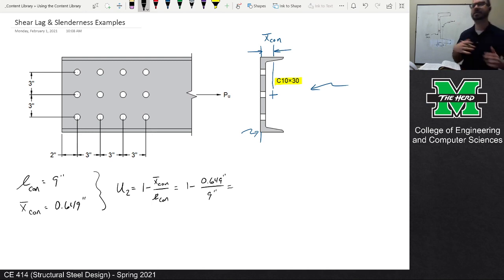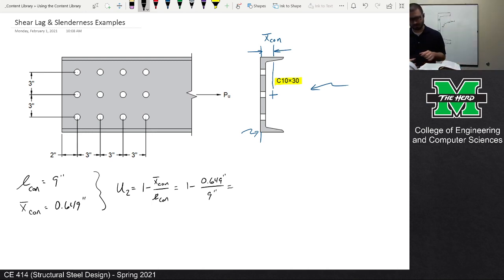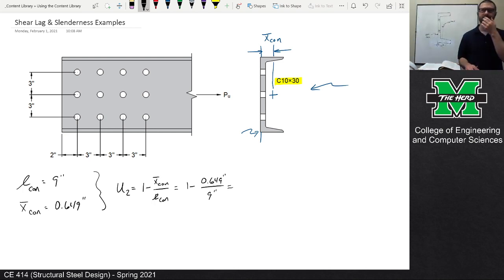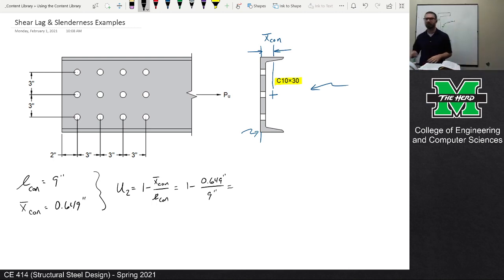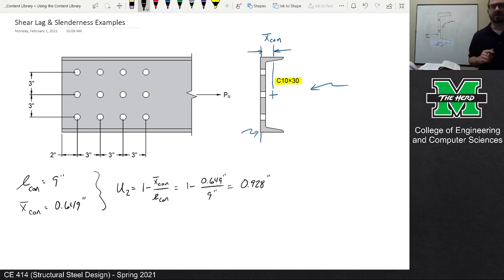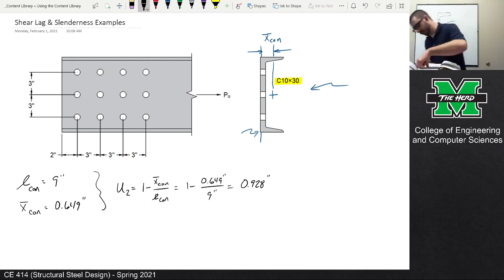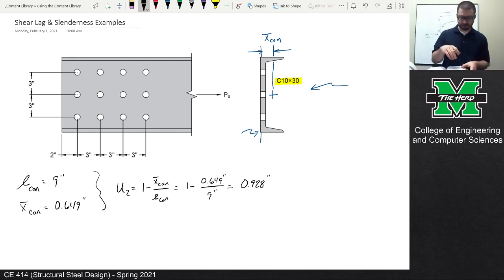And what is U2? 0.928. Do I have a second on that? Good deal.